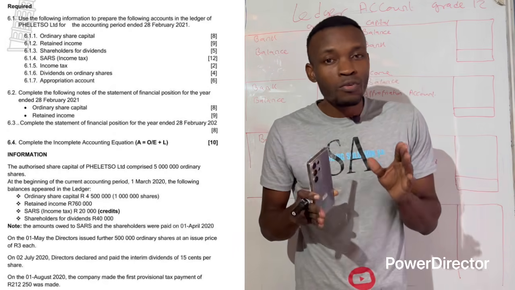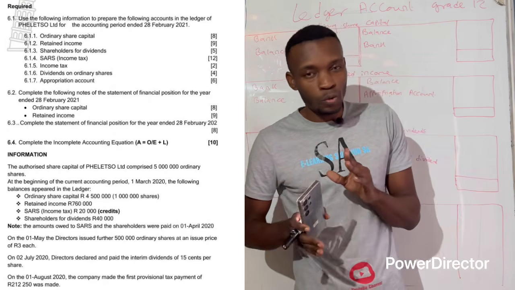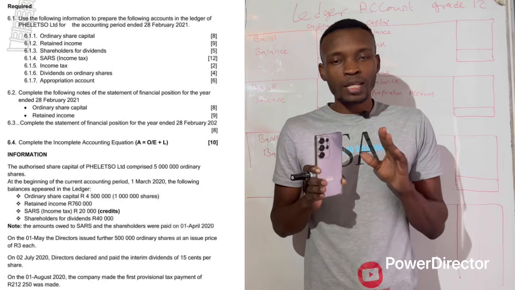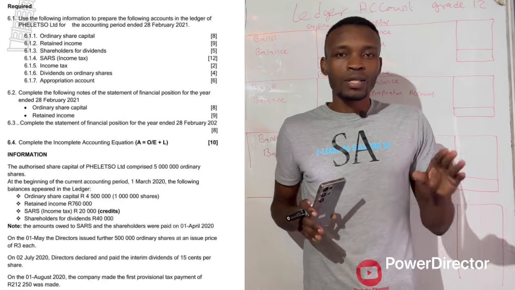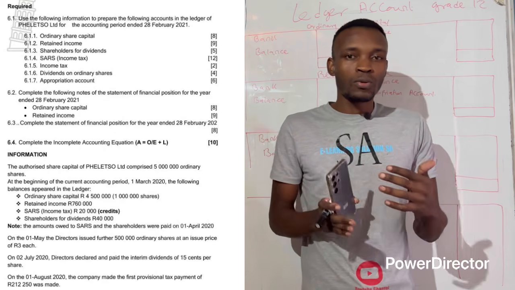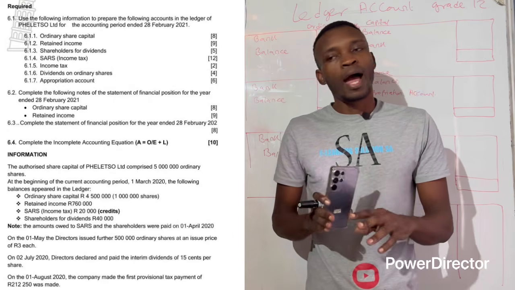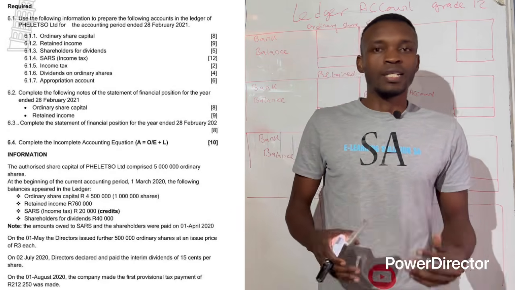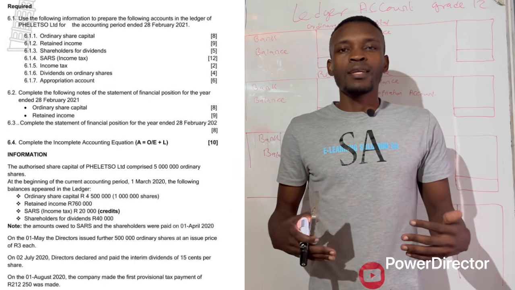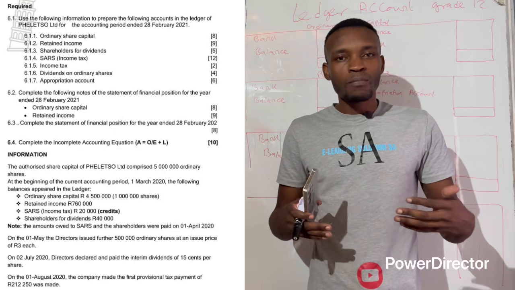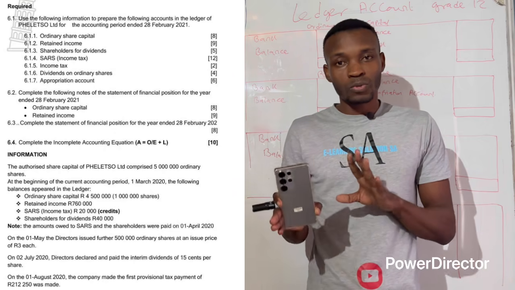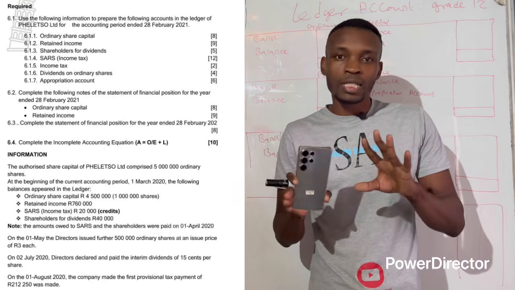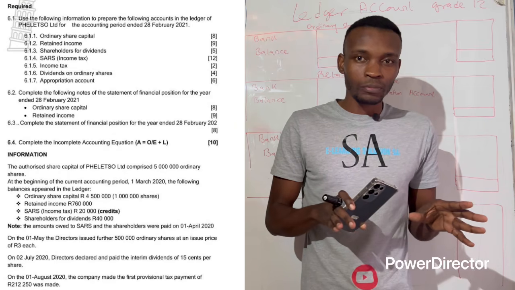Here we have a lot of complicated transactions. I know that some of you will watch only this video and say that you are prepared. It's easy, but there are some scenarios that are more complicated than the one I'm going to do in this video. So this is still an introduction.